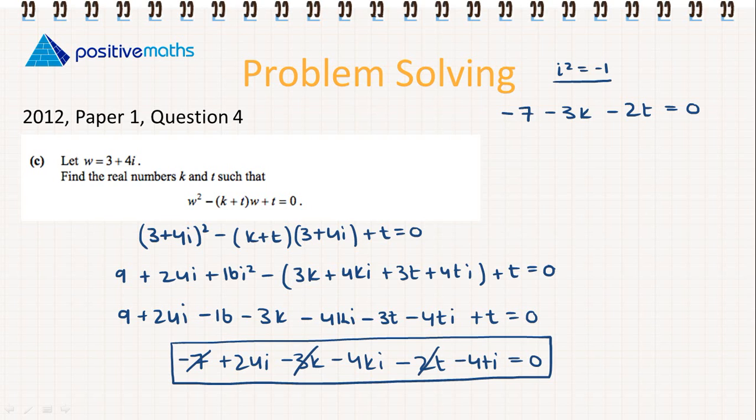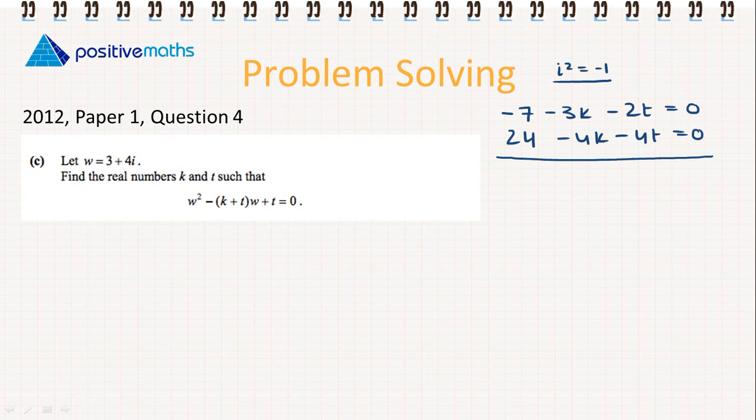And then for the imaginary parts, we're going to have 24 minus 4k minus 4t is equal to 0. We just notice we've just taken the imaginary part of the number. We're not including the i at this stage. Now we have two equations with two unknowns. When that happens, we should remember that we solve these equations simultaneously.